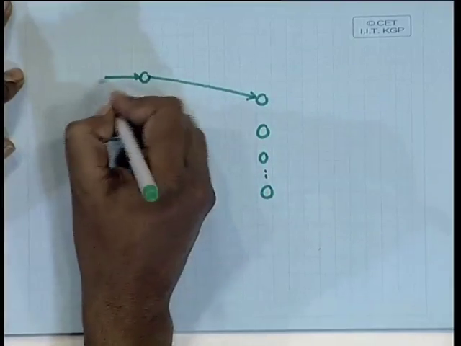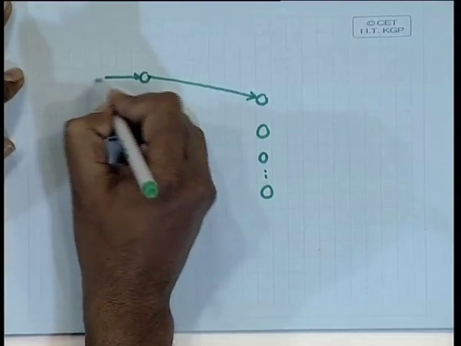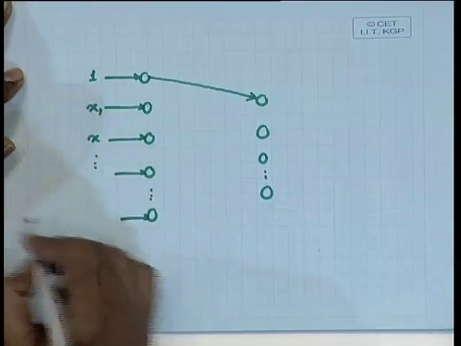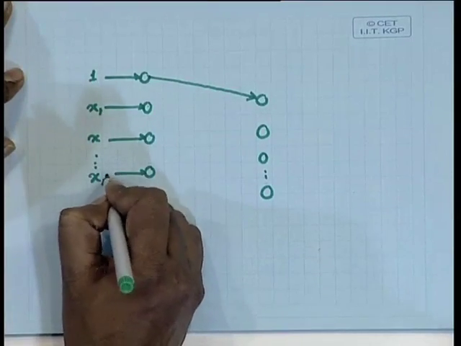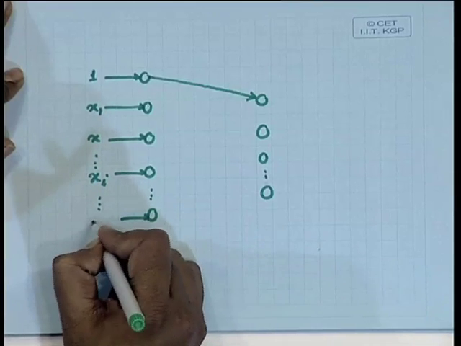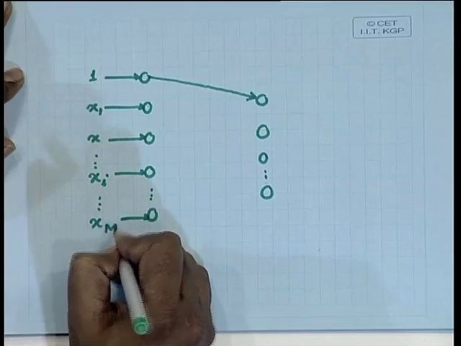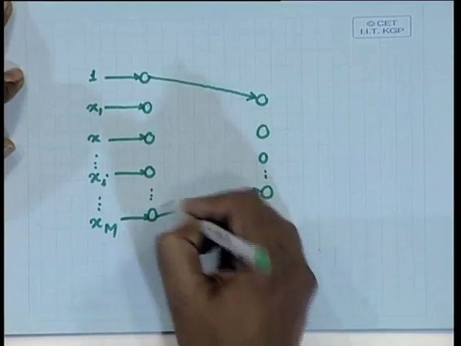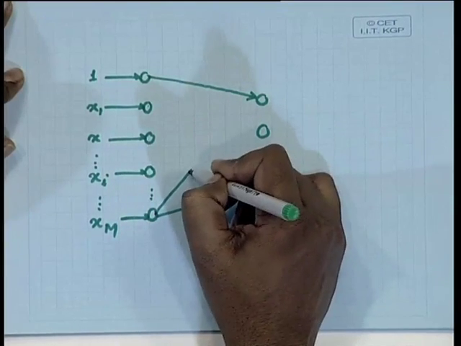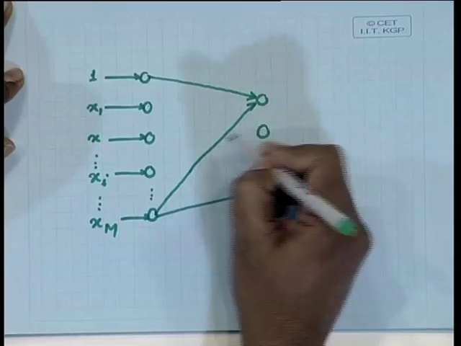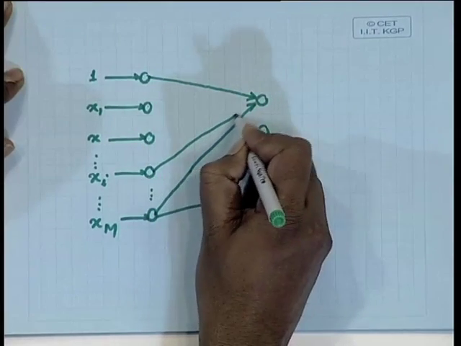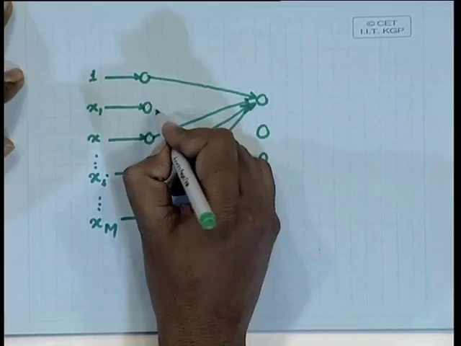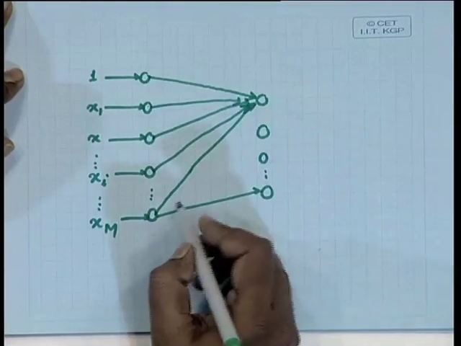So, these are my, say this is 1, then x 1, x 2, say this is x I, then I have this x m. I have the connections from the outputs of each of the input layer neurons to the input of every neuron of the output layer. So, I have connections like this.